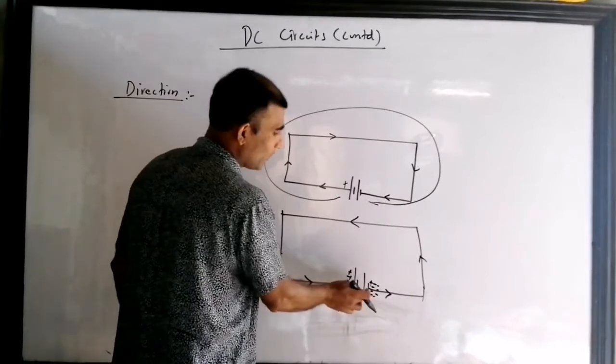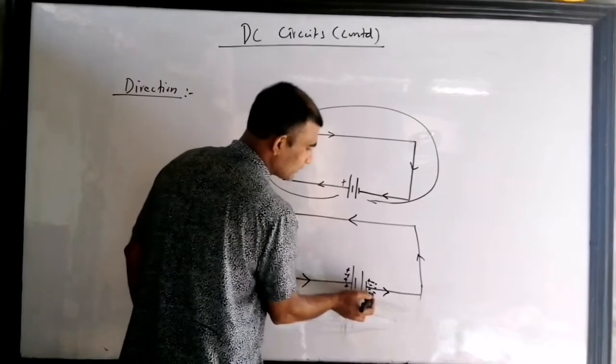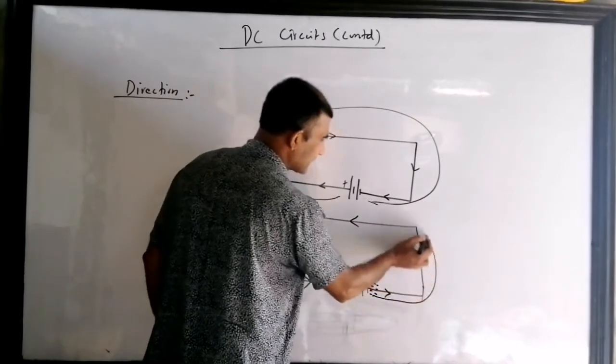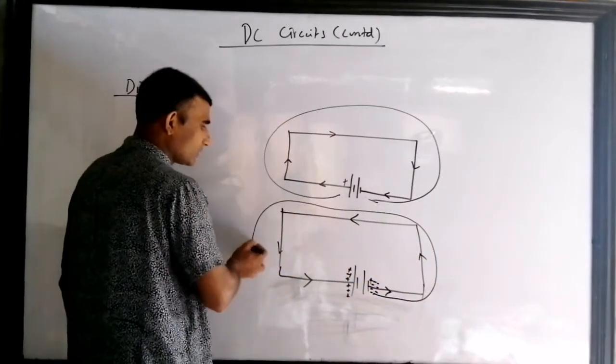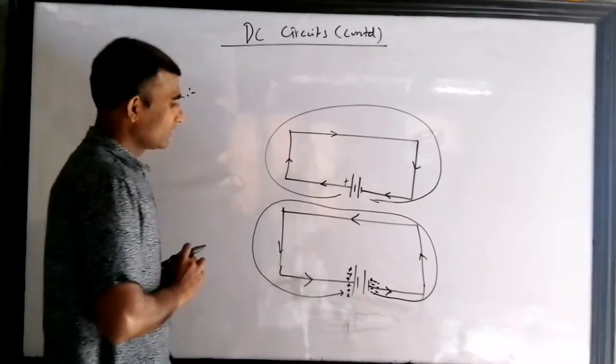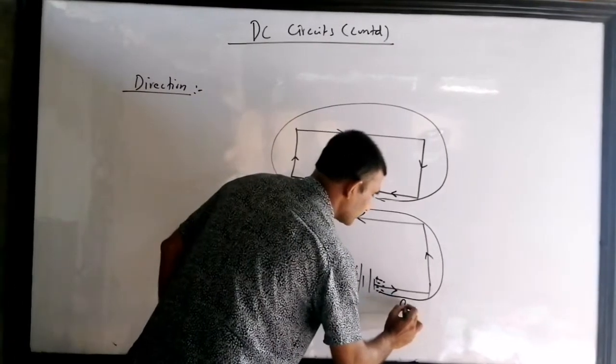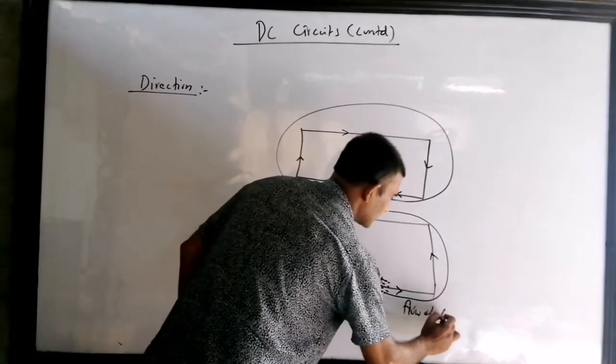Of course, when you connect the conductor wire, these electrons move from the negative pole of the battery and go to the positive pole to neutralize that positive charge. So this is the flow of electrons.